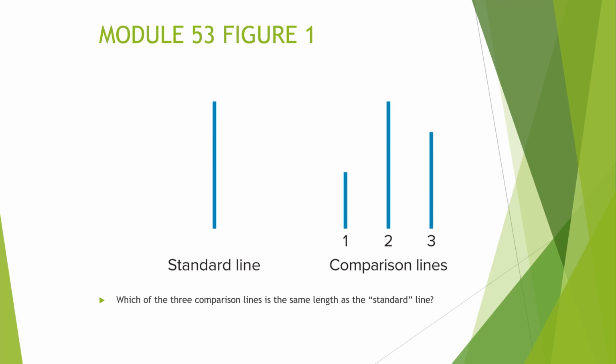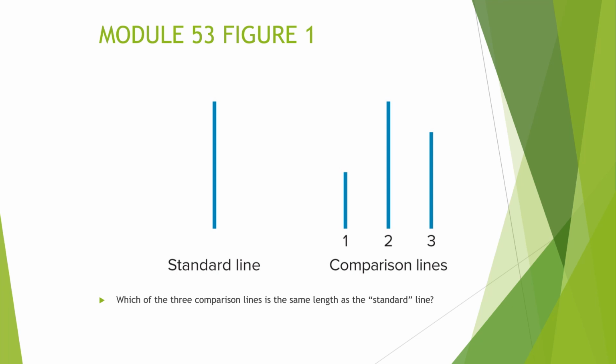Figure 1 shows you a demonstration of how simple this Solomon Asch study was. I'll have a video posted online that shows you the actual study. There was a standard line on the left, and three comparison lines on the right: line 1, line 2, and line 3.